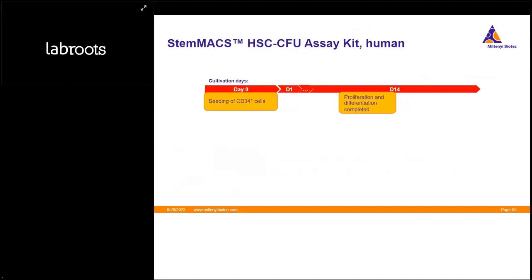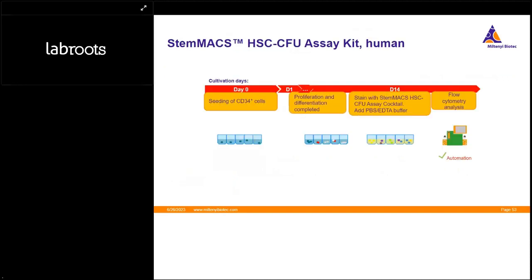The idea is pretty simple. On day 0, again, you are seeding those CD34 HSCs in 96 single wells, with hopefully a single cell in each well. You proliferate them using the HSC assay media that I have introduced for about 2 weeks, let them grow into these CFU clusters, and then you run every single well through the flow cytometer.